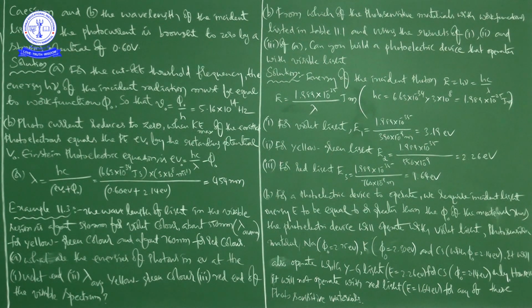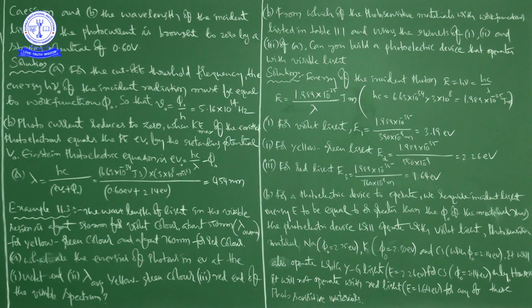For violet light, he mentioned that 390 nanometers is the wavelength, and that value we have to write here. This is the same 1.989 into 10 to the power of minus 25 divided by this value, which will give us 3.19 electron volt.